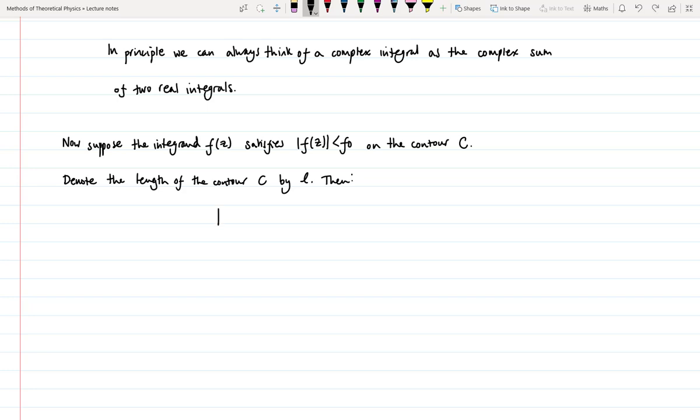Then we have that the absolute value of our complex integral, we can rewrite this in terms of an integral with respect to the variable t. From above we have f is u plus iv, and then dz gives this.